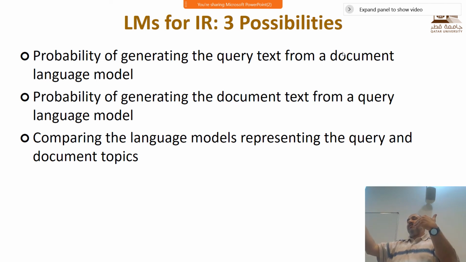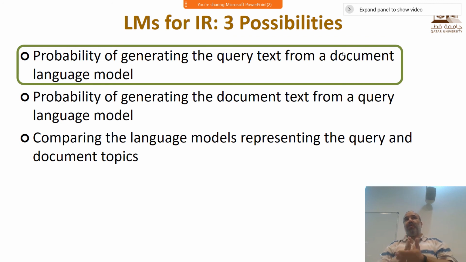There is another approach, also language-modeling based, that does the opposite: what is the probability of observing that document from the language model of the query. And there are also language models that use both.